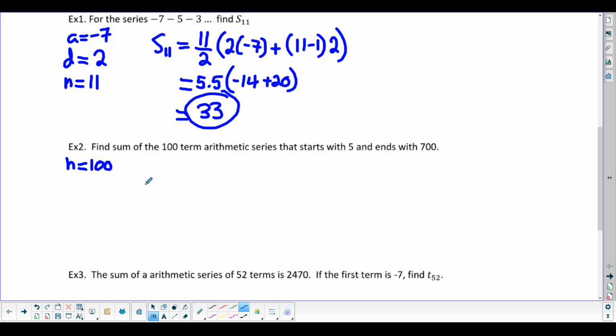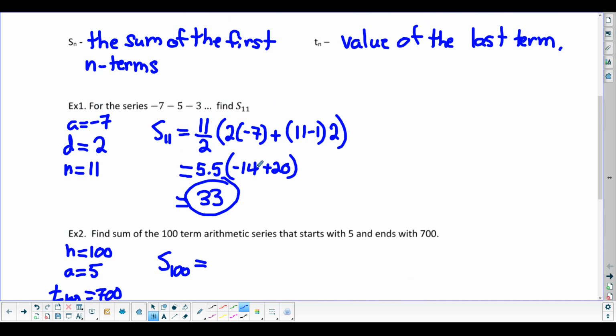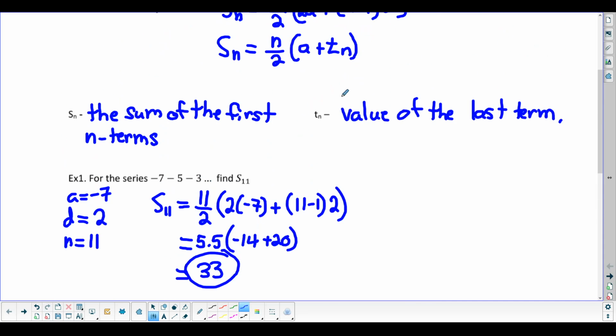It starts with 5, that would be A. A is the value of the first term. And it ends with 700. That would be the value of the last term. So we know T100, because it's 100 terms, is 700. So we want to find the sum of the first 100 terms, so we want to find S100. And this time, because we know the value of the last term, we can use the second equation.